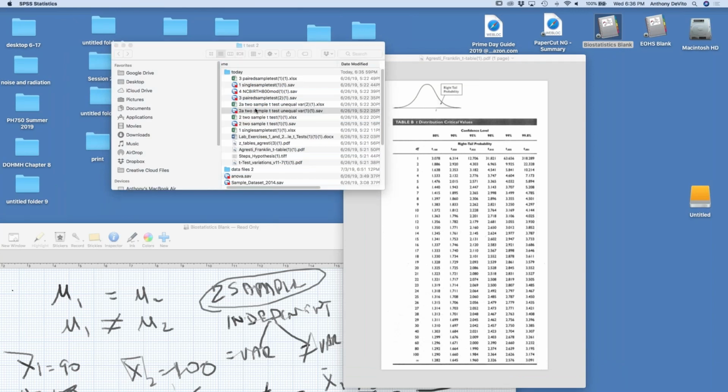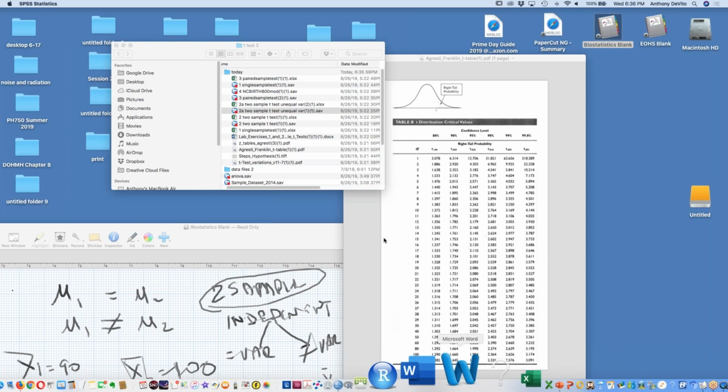I don't know where SPSS went there. I'm double clicking on this anyway, so we'll have to wait for it to open again. Let's take a look at unequal variances.